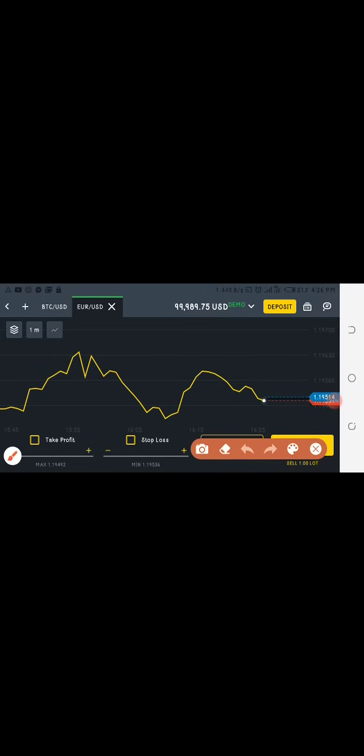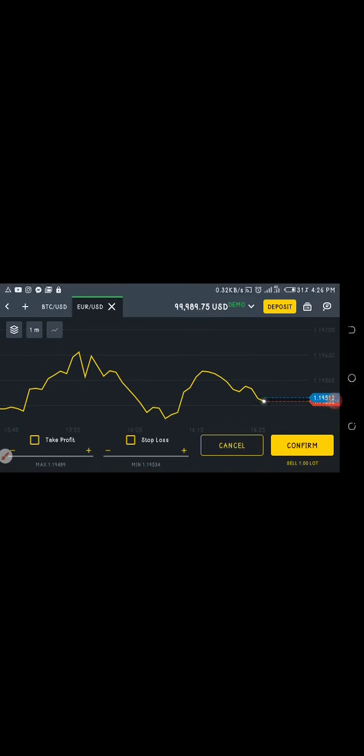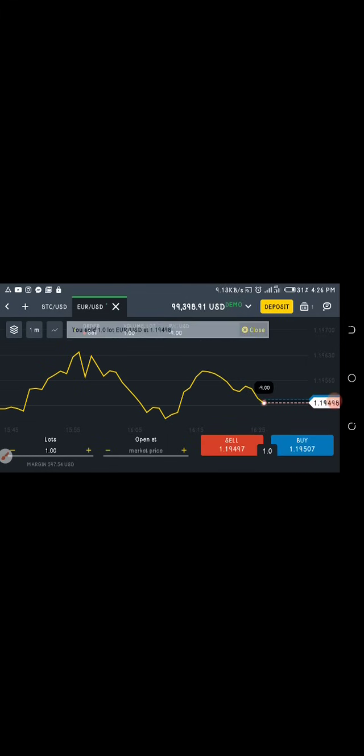You see, it's showing you here your take profit and your stop loss, just the same way it is on your MetaTrader 4. Everything is quite the same. So if I send you a signal with take profit and stop loss, you indicate the take profit and stop loss here. But if I send you a signal without take profit and stop loss, you just confirm your sell. Just click confirm. It will go. You don't even need to indicate take profit or stop loss.